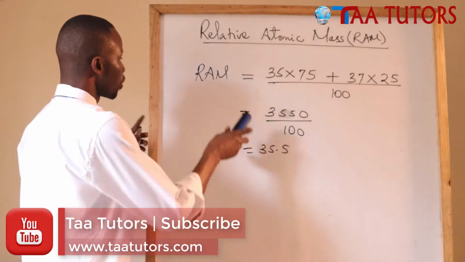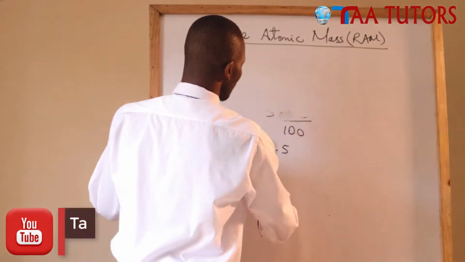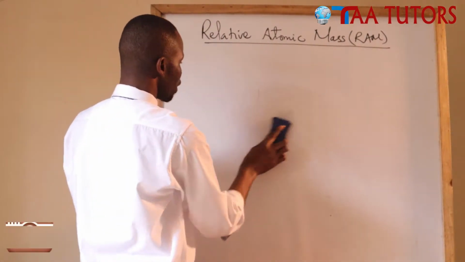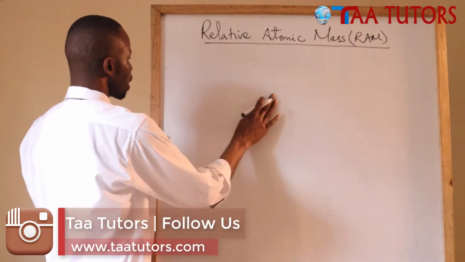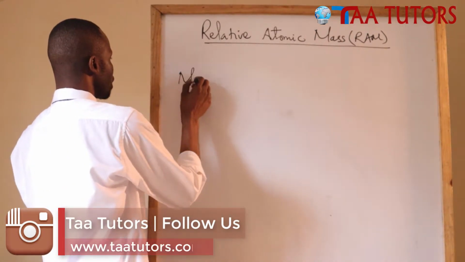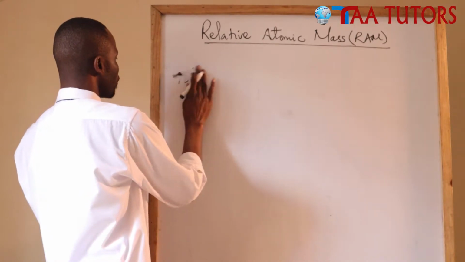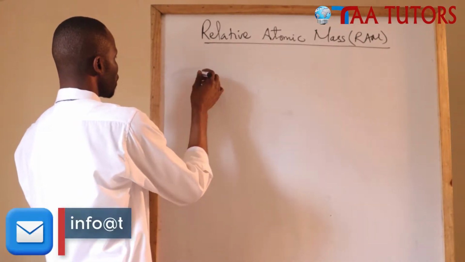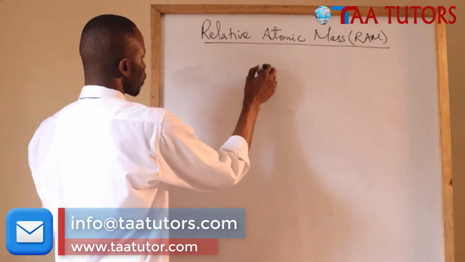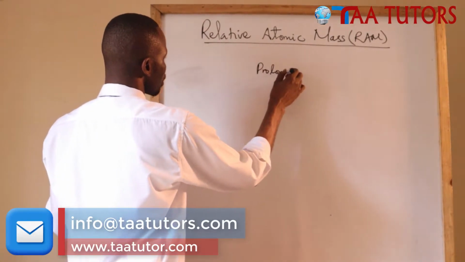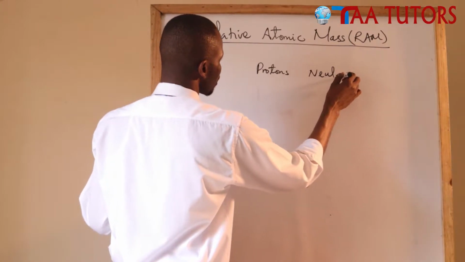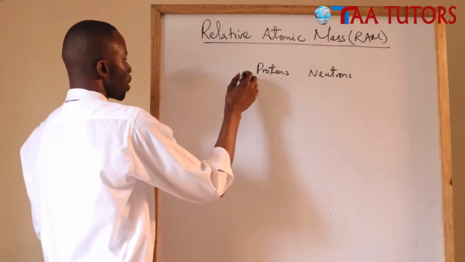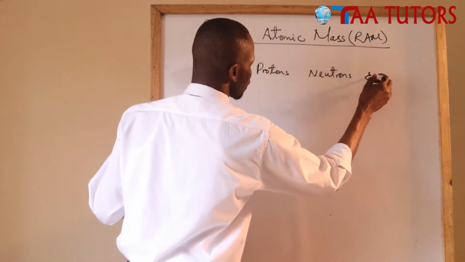Viewer, I want us to go to another example. And this example now, I want it to be a little tricky, because examiners are not easy people. We have isotopes of magnesium. We have protons, neutrons, electrons.